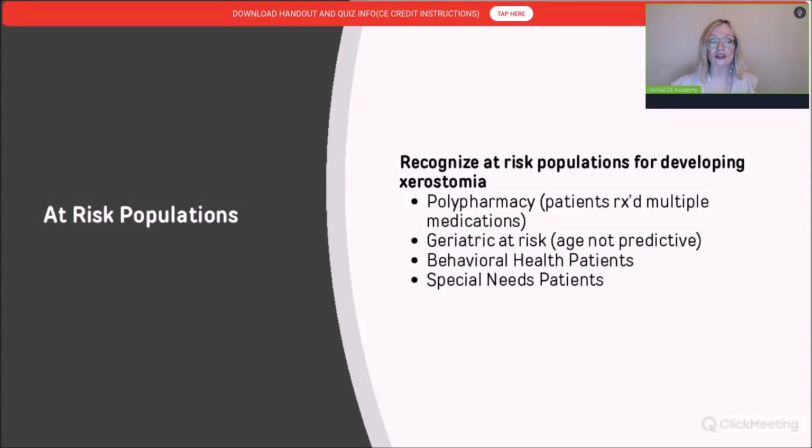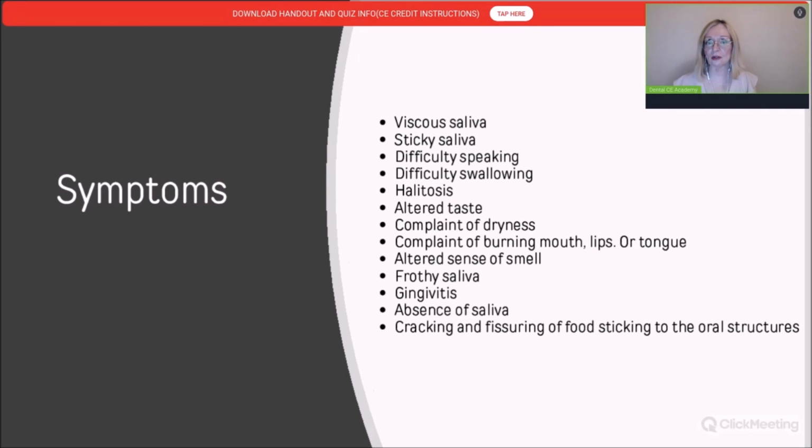Our behavioral health patients, certainly because of the medications, and our special needs patients are high risk for xerostomia. I think if this is identified from the get-go, you just have to deploy any prevention that you can and make it an automatic diagnosis, because the medications just lead to that, and oftentimes the hygiene is not there and the care may not be there.